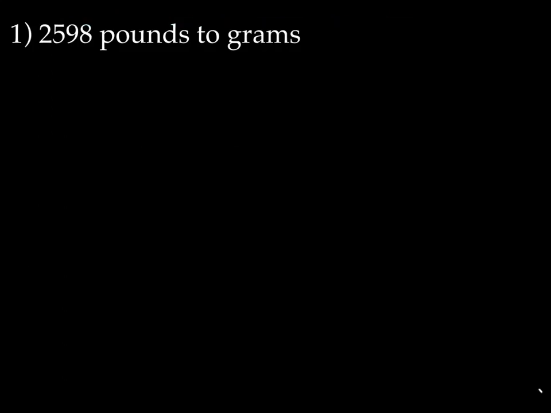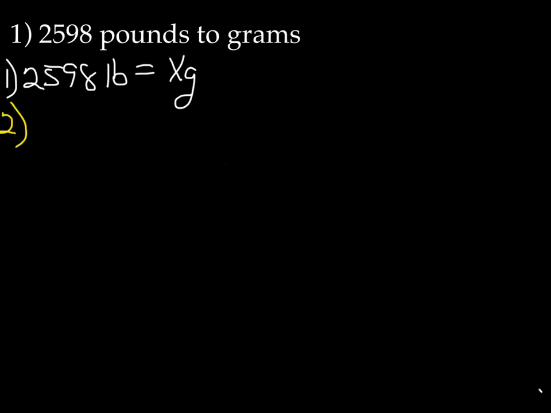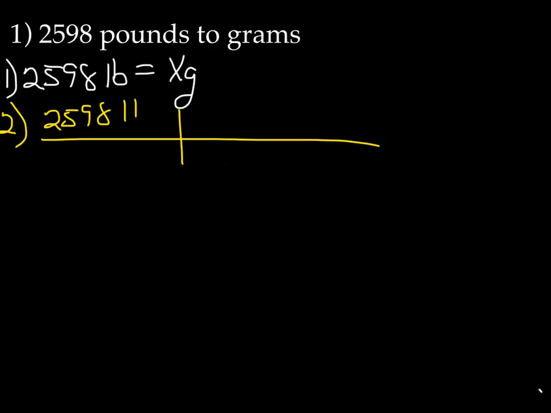All right, number 1. First thing I'm going to do is rewrite this as a math problem. 2,598 pounds equals X grams. Then I am going to write my grid. And in the grid, I'm going to put my known, which is 2,598 pounds over 1.